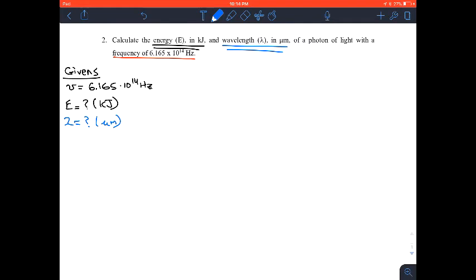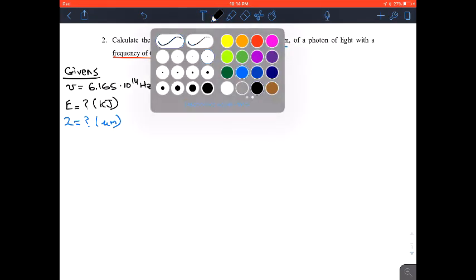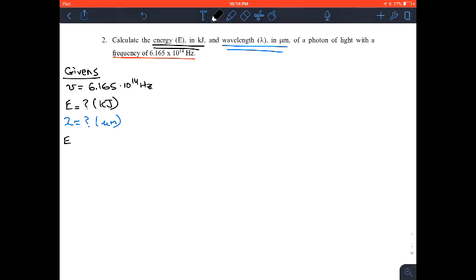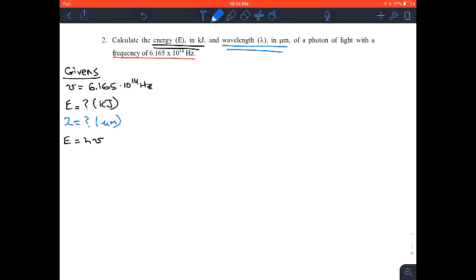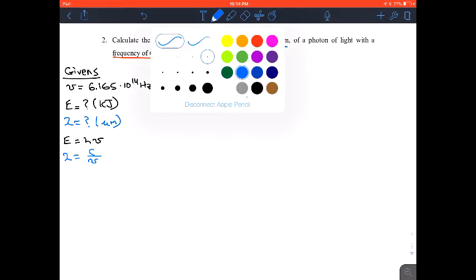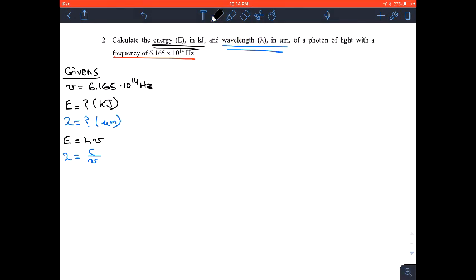Okay, so we're always going to list our equations in this case. E equals h nu. And then we have wavelength equals c over nu. Time to do our work. Put a box around my givens. Okay, so our work.